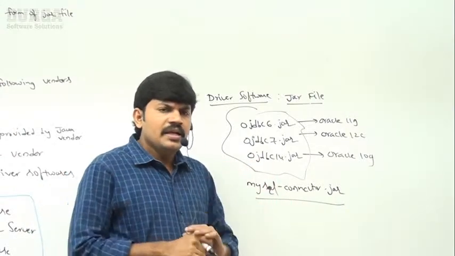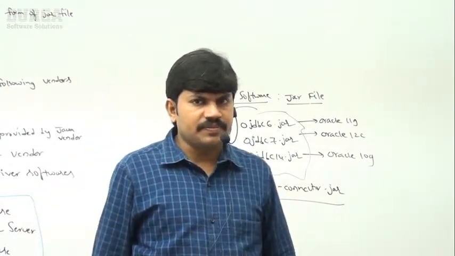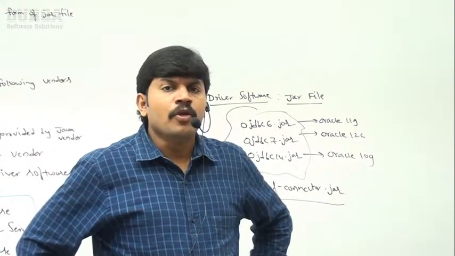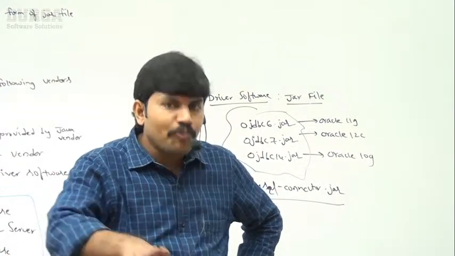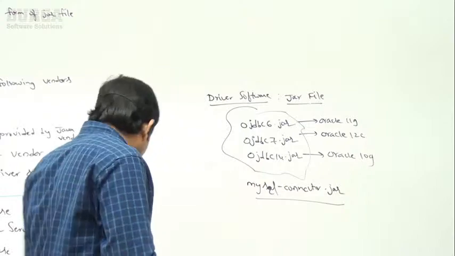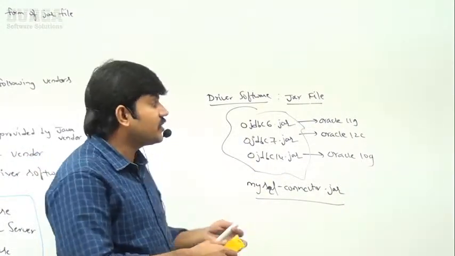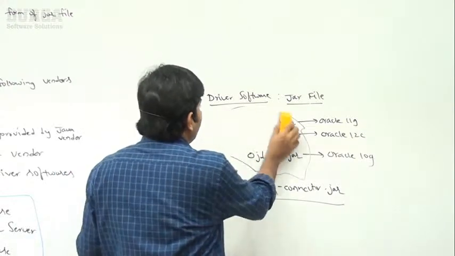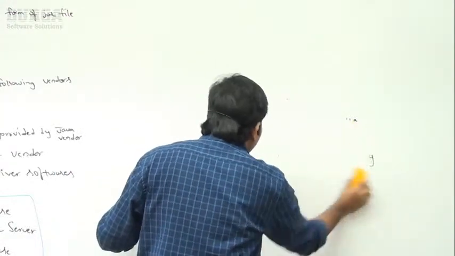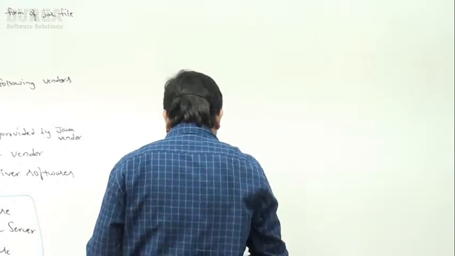Okay, that's all. Next, here one point is there, sir. A very, very important point. Who is responsible to provide these driver softwares? Very common, sir. There are multiple people responsible to provide these driver softwares.